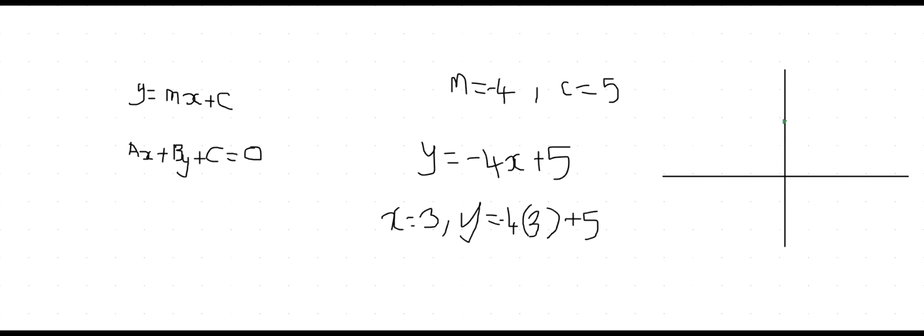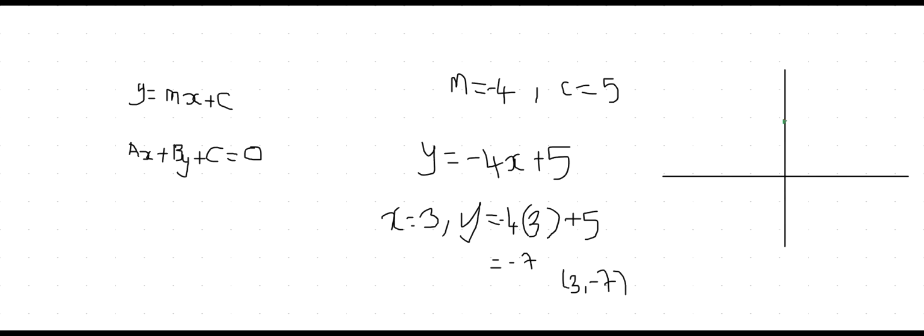Negative 4 multiplied by 3 is negative 12. Negative 12 plus 5 should be negative 7, yes. So this second point is a point that's at 3, comma negative 7. So we have our second point.